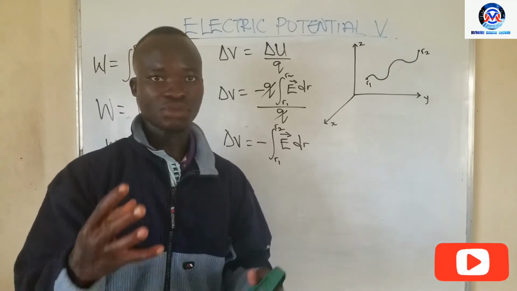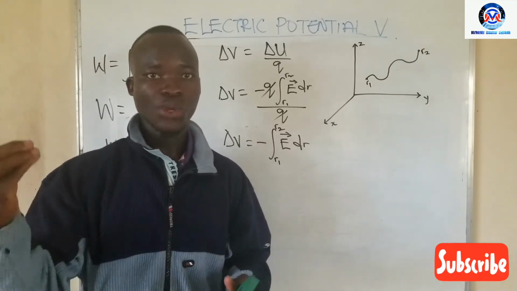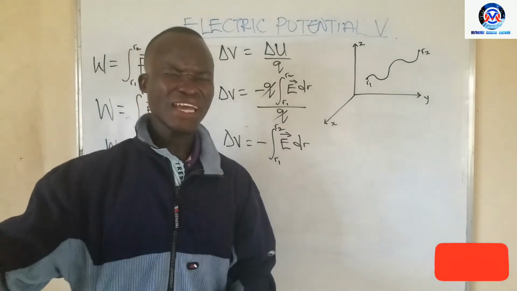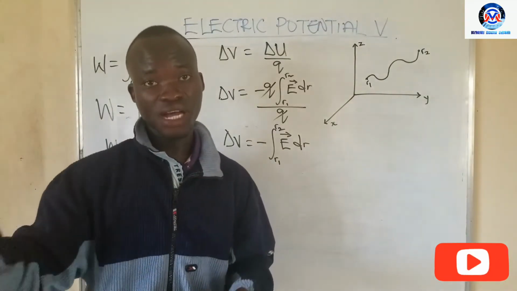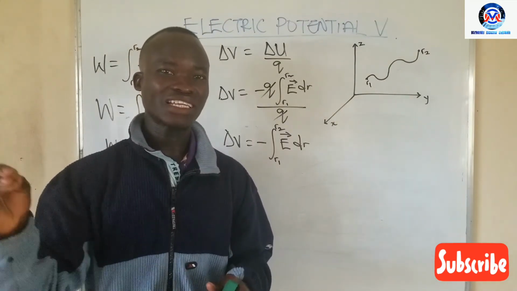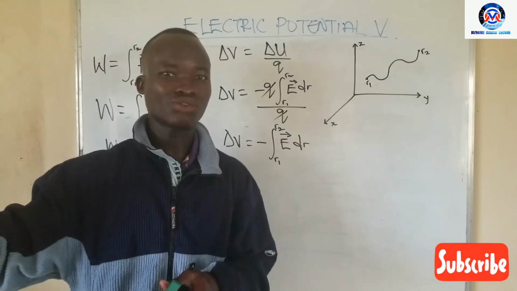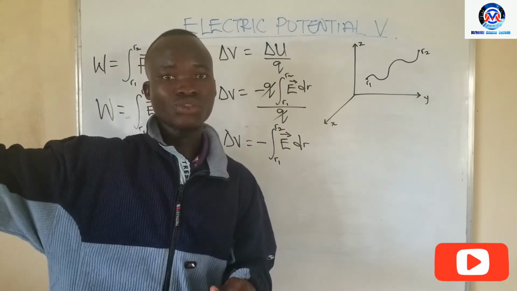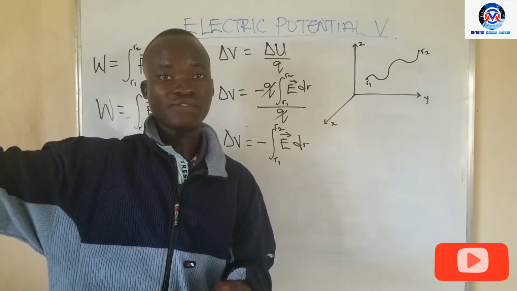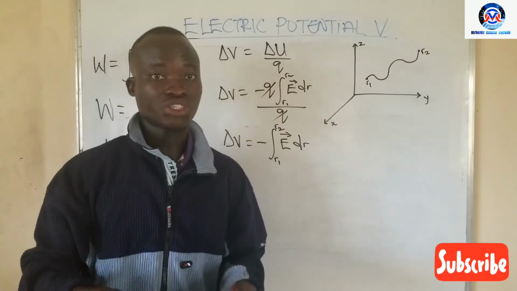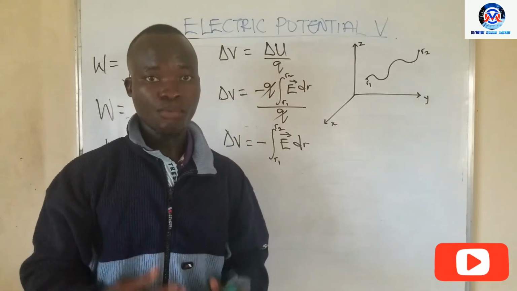And points that are infinitely far from the charge have an electric potential that is practically 0 because they are very far.